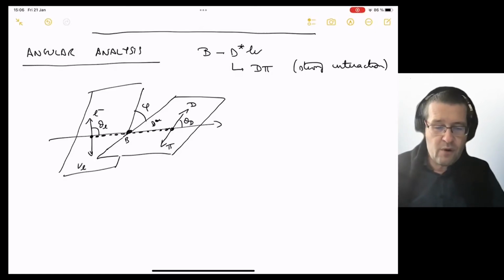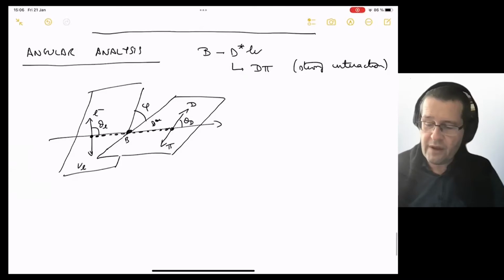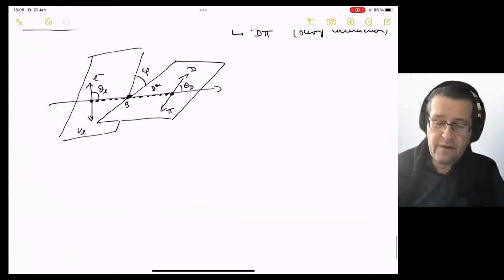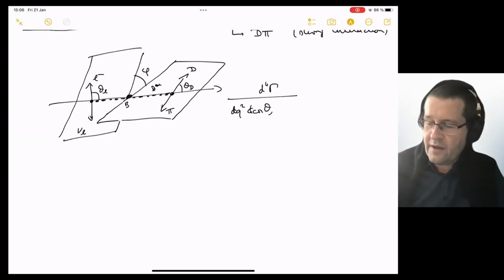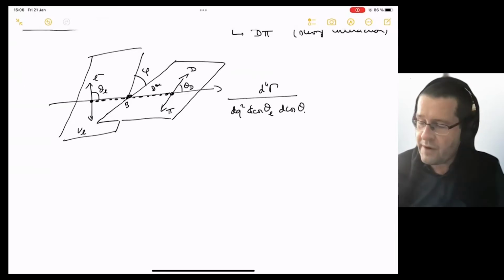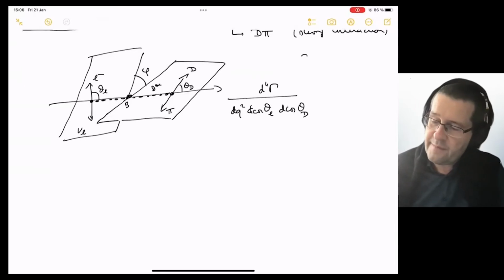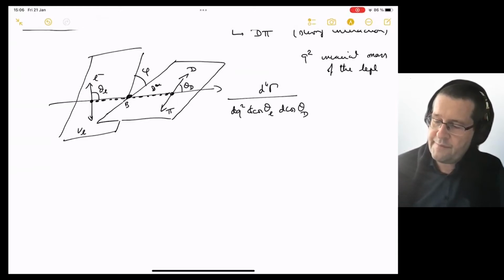And so when you want to describe what's going on, in the end what you want is a description with respect to the variation of Q square, which is the invariant mass of the lepton pair.